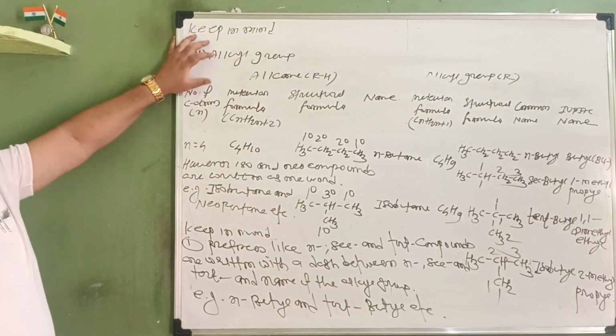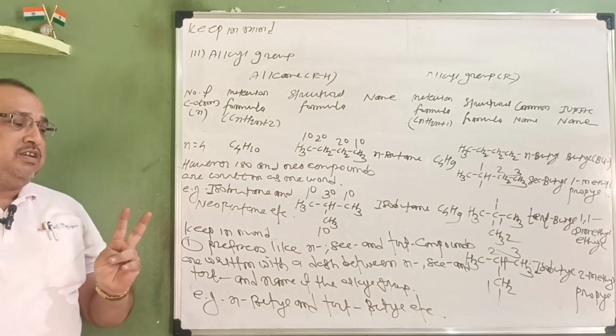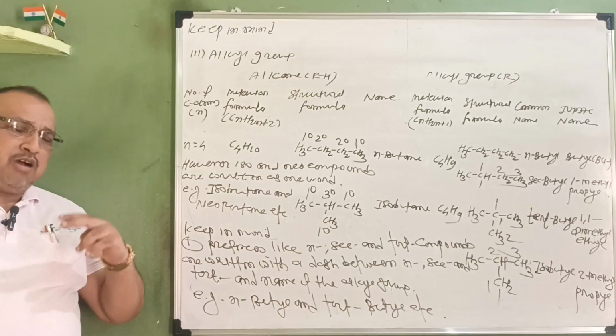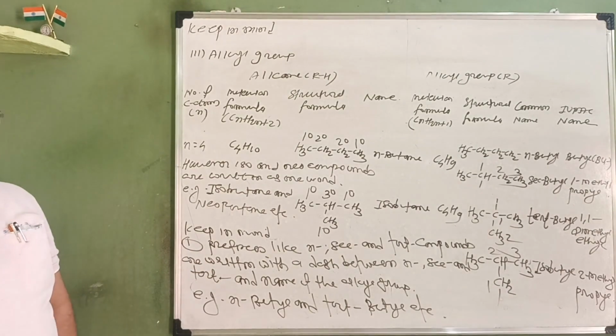But propane contains 3 carbon atoms and it forms 2 types of alkyl group because it contains 2 types of carbon atom, primary and secondary.